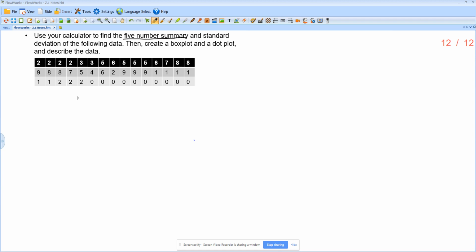So I can see here that the standard deviation is equal to 3.109, or the standard deviation of the population is 3.145.